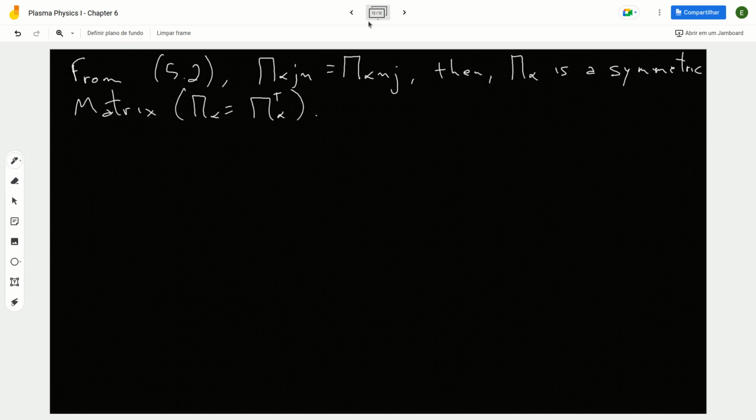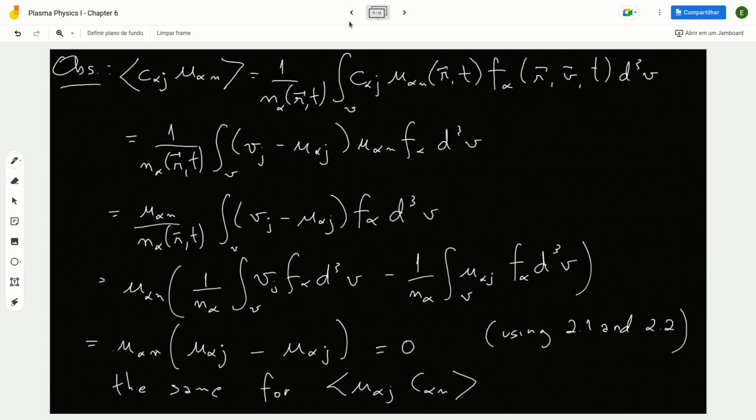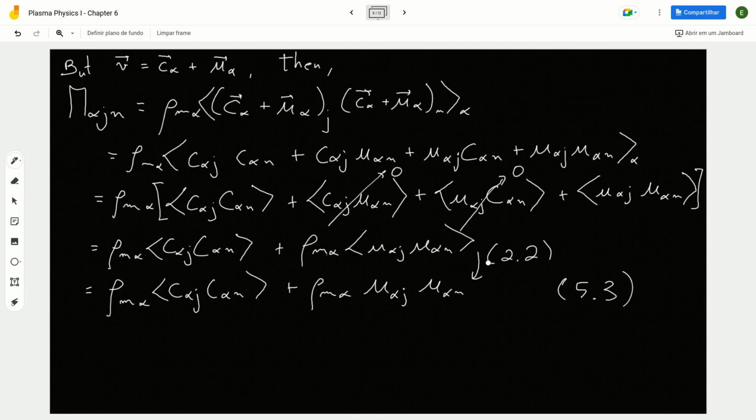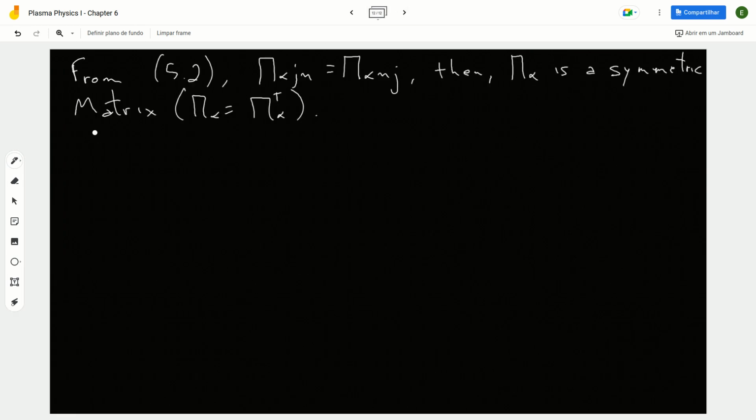Using the dyadic notation for 5.3, let me see, where is 5.3? Okay, 5.3, each component may be written. Since you know the components of the matrix or the tensor, you may write the tensor using this notation. Alternative notation. One more.